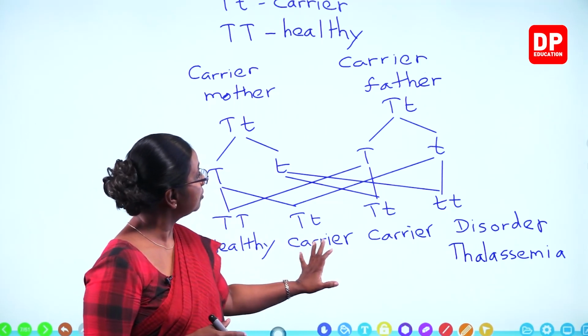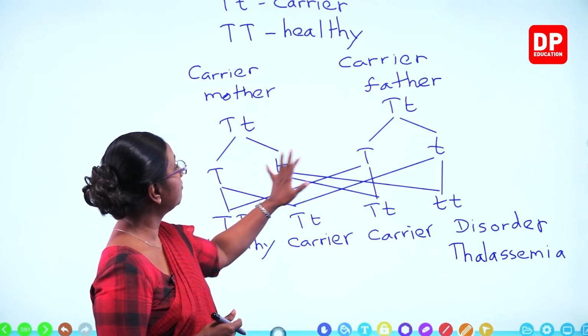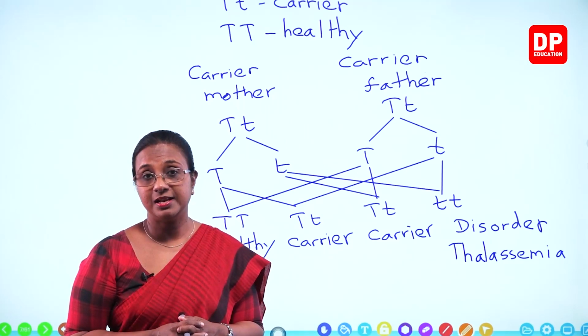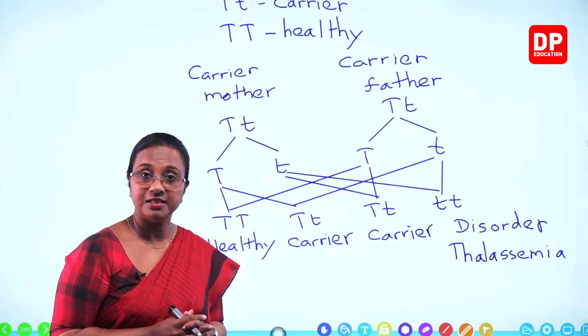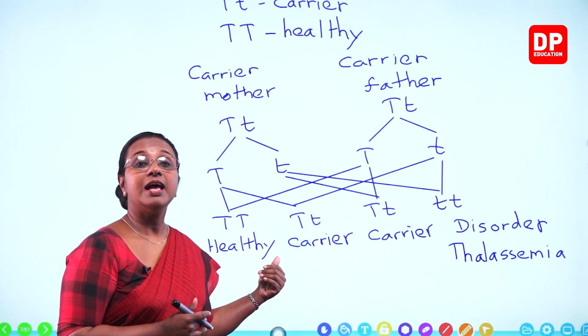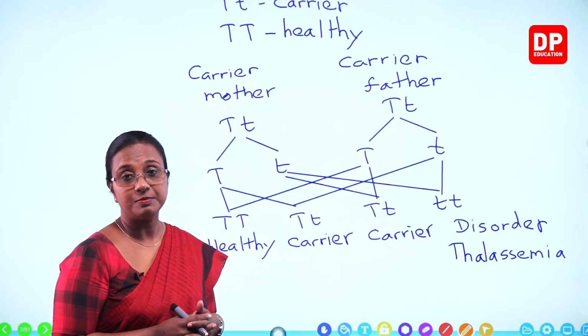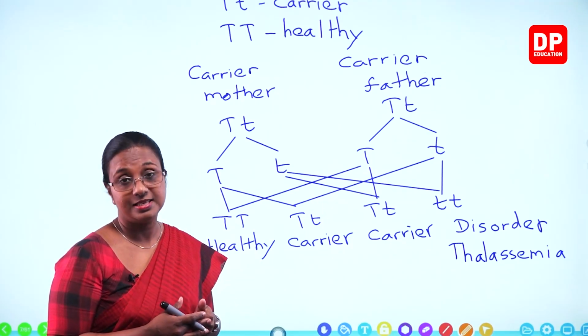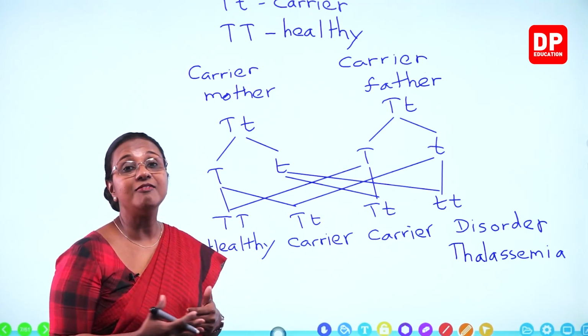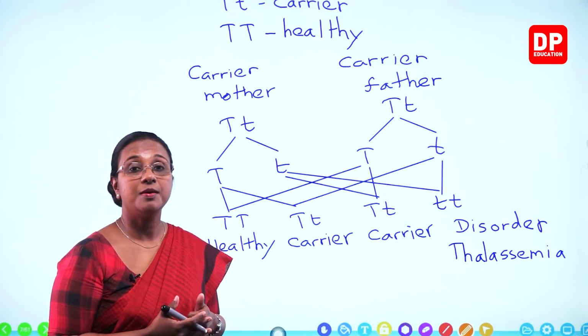For here also, for thalassemia, you can have different types of parents. Now here we have seen carrier mother, carrier father. Then we can have a healthy person and a carrier person, or a healthy person and a person with disease. Like that, you can have different combination of parents.